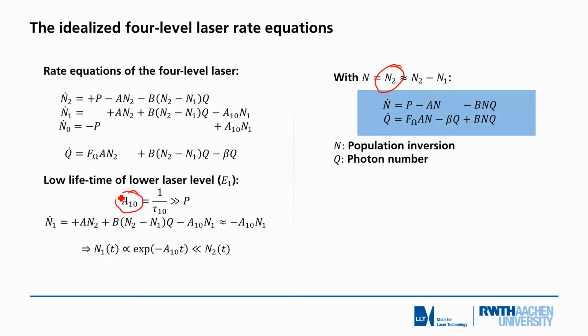With these simplifications, the rate equations become even simpler, and we now only are left with two, one for N, the population inversion, and on the other hand, the photon number q.